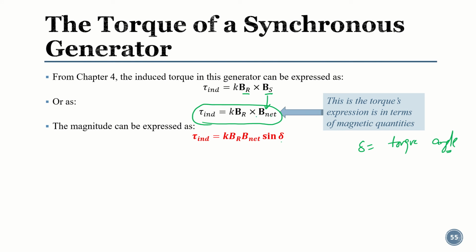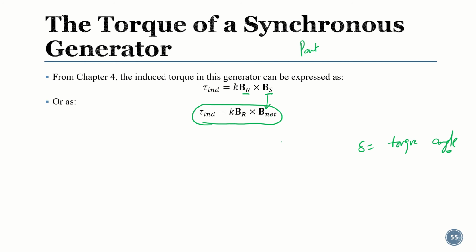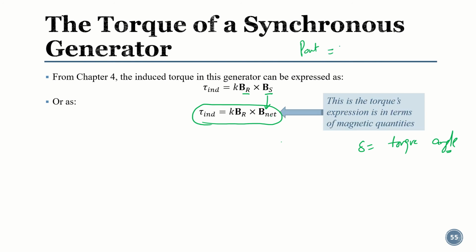And we just derived one relationship: in the last slide, we defined that power out is 3 times V phase times IA cosine of theta, and we derived the relationship for IA cosine of theta. You also know that power is torque times angular velocity. Now if you want the torque value, it will be power divided by the angular velocity.